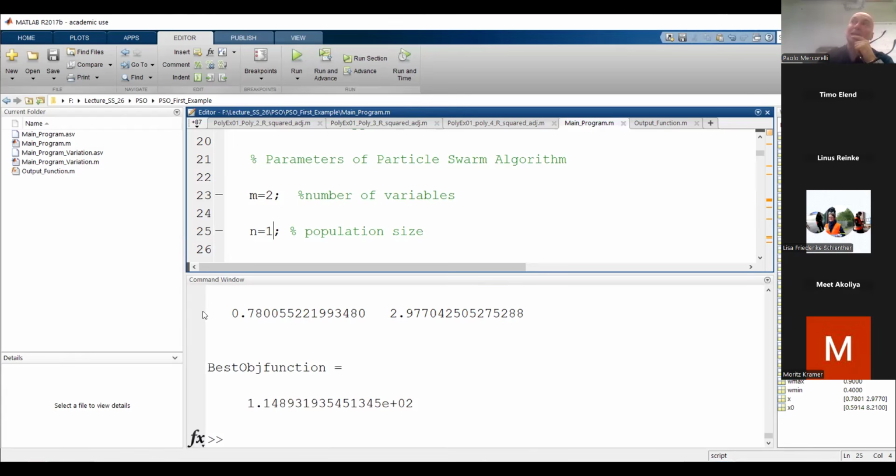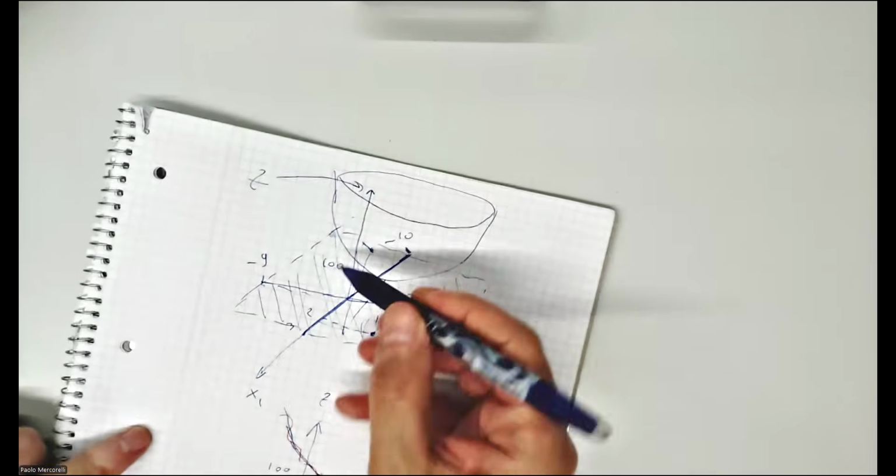Totally wrong. The reason is that with 1, we will remain somewhere.